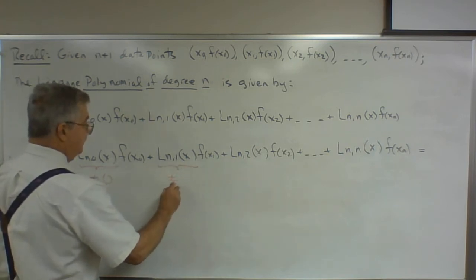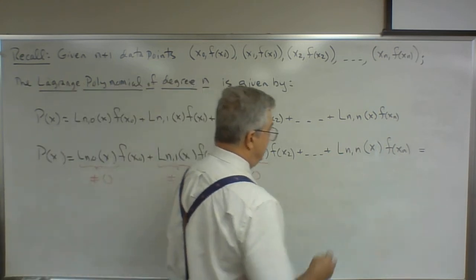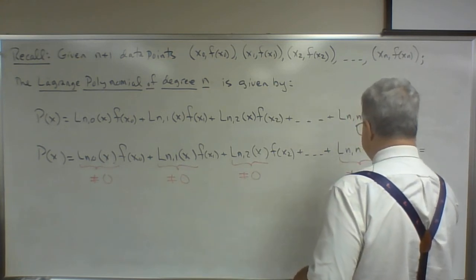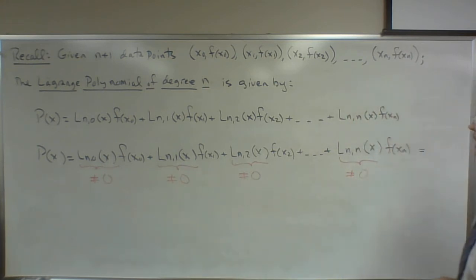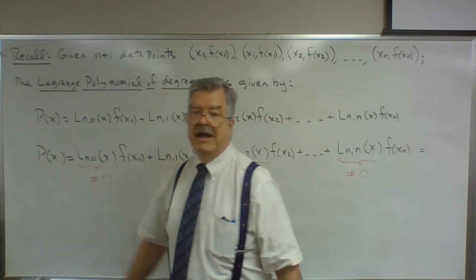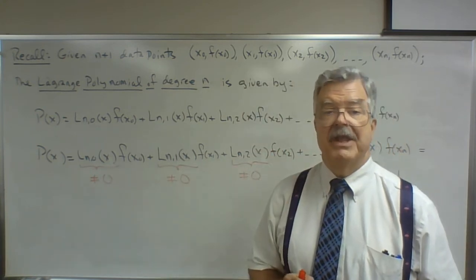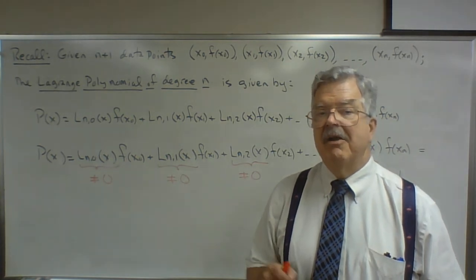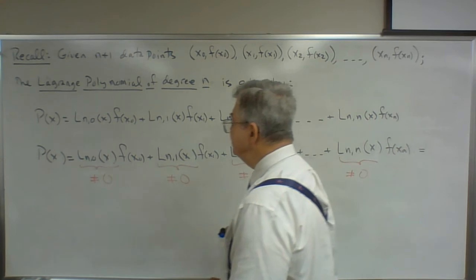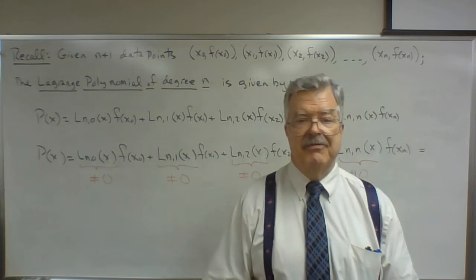This thing is not going to be 0. And what I'm going to get, hopefully, is approximately the value of the unknown function at this value x. The only x values that make our Lagrange coefficient 0 are the x values of the data points whose subscripts don't match the subscripts of the Lagrange coefficient.